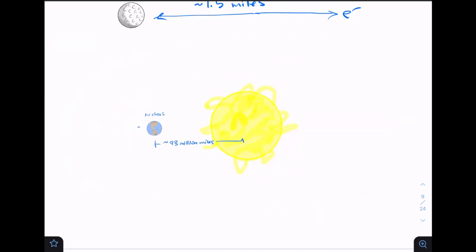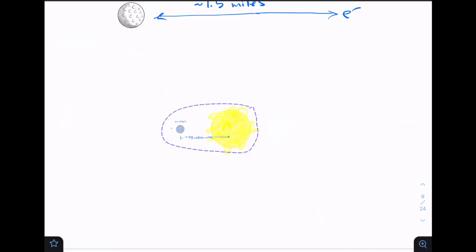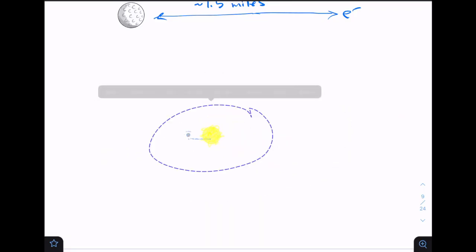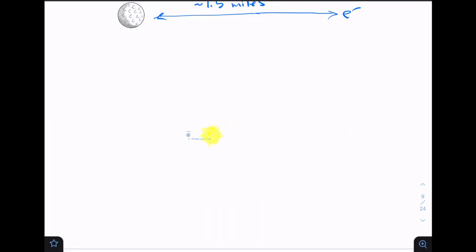I'm going to shrink it down. Smaller and smaller we go. Now, just to remind you, this distance here is still 93 million miles, okay? Times 10 to the 9th, that's million, right? 93 million miles. But I have to go even further.